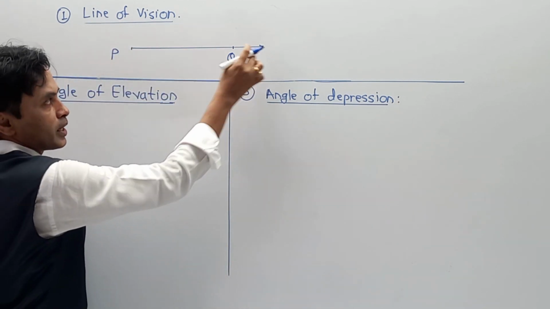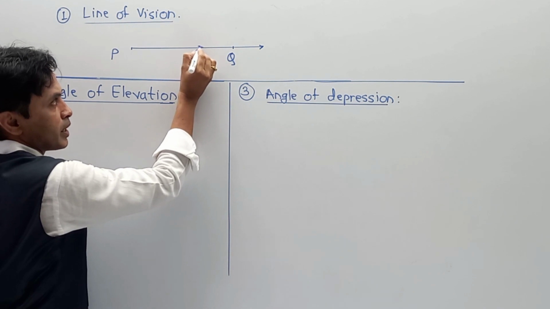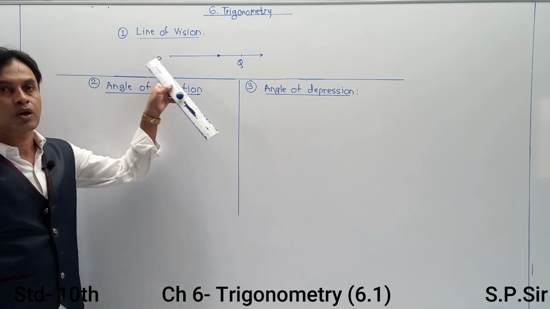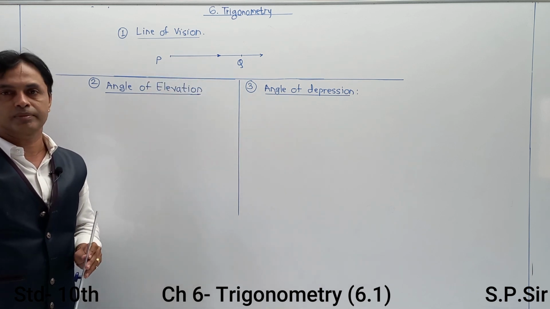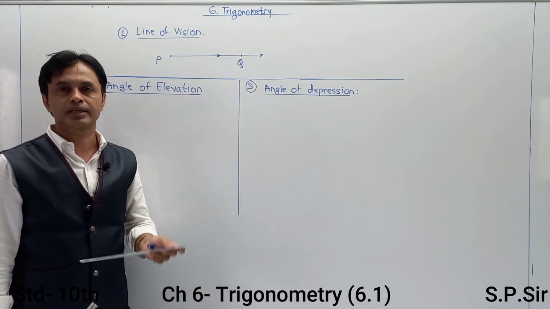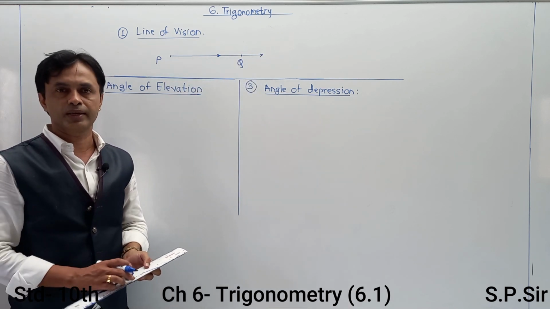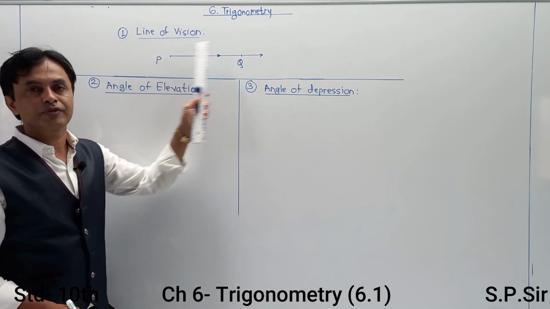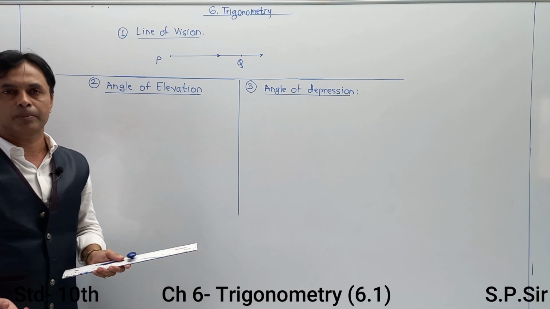Sometimes they indicate the arrow at the end, sometimes at the middle. Means the respective person has observation horizontal to the ground, that is the meaning of that. Or this horizontal line is nothing but the ground. Both ways you can take it. Either you can observe from left to right or right to left, that depends upon the case.